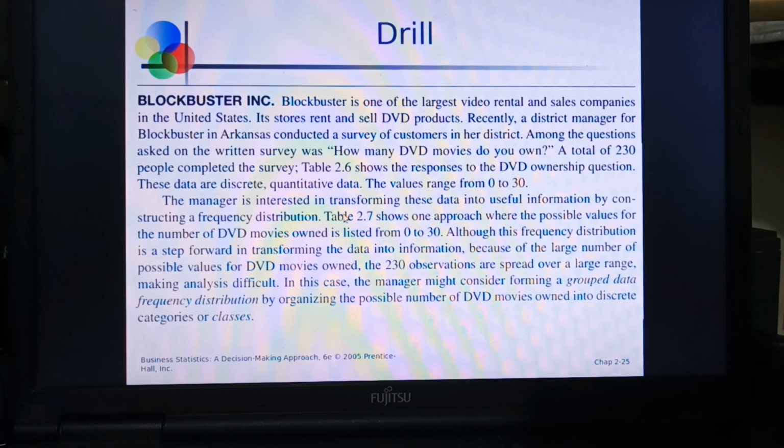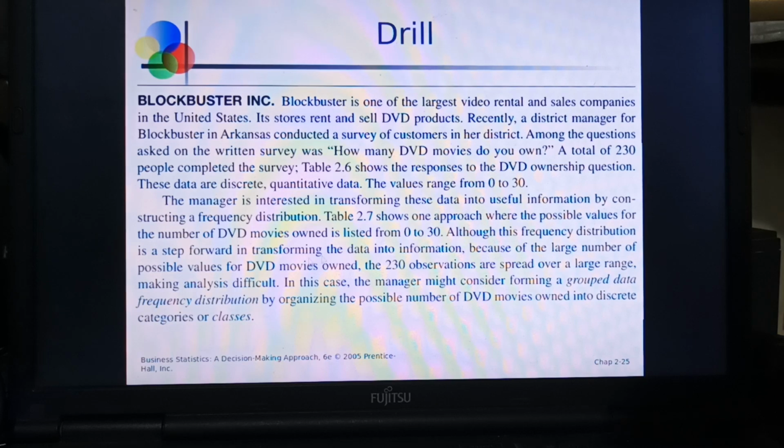The manager is interested in transforming these data into useful information by constructing a frequency distribution, which is shown in table 2.7. One approach is where the possible values for the number of DVD movies owned are listed from 0 to 30.